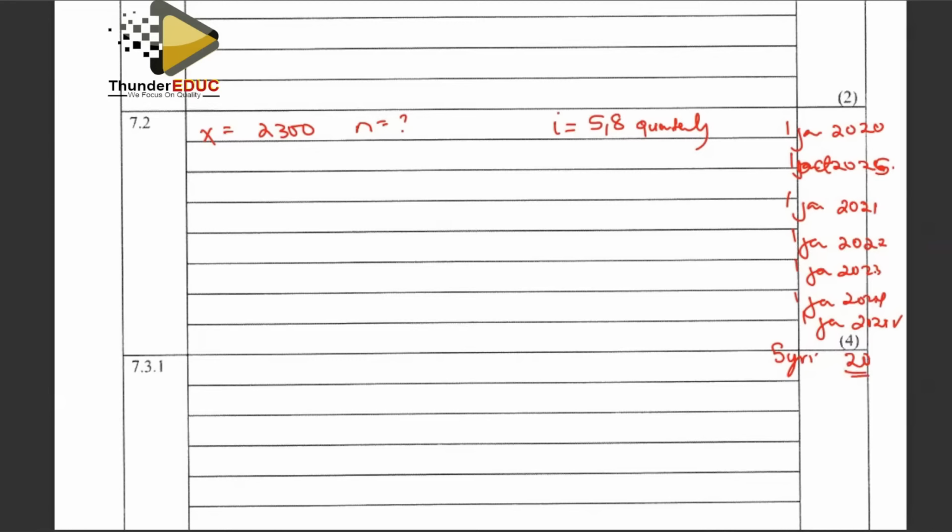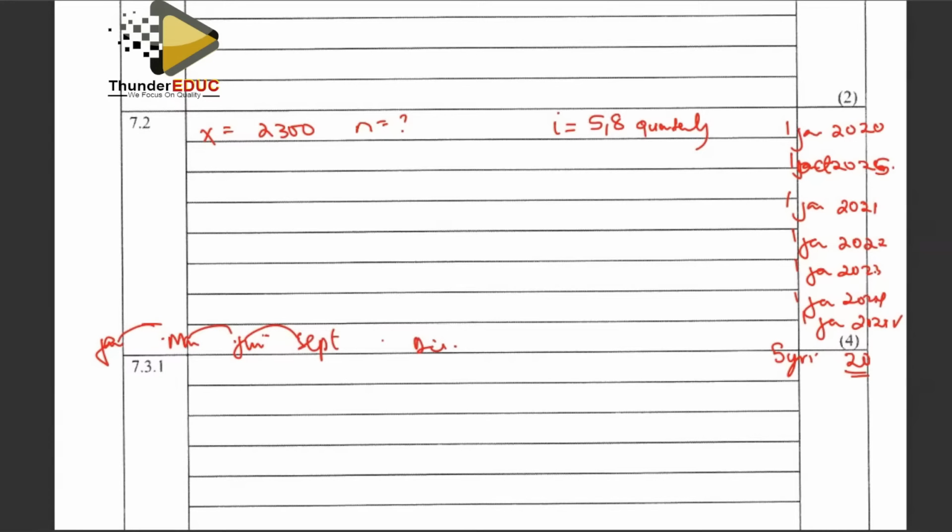Then we know that from Jan up to March, that's a quarter. And then from March to June is a quarter. And then June, July, August, September is also another quarter. So 1, 2, 3, and then the next one will be like December.